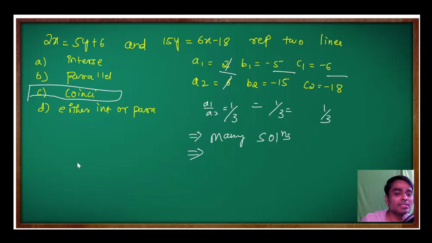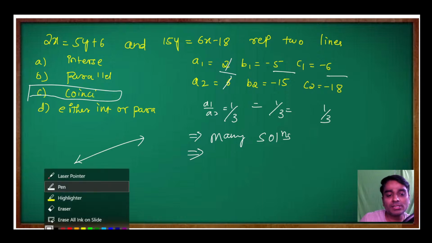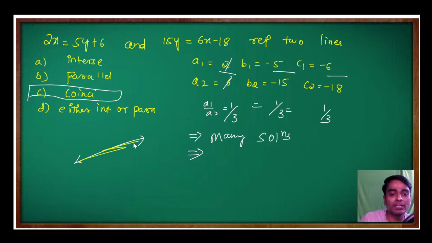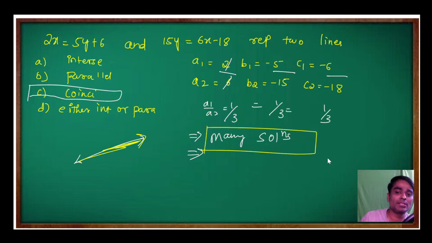Many solutions means the lines are coincident, one line sitting upon the other. The same question may be given with different options: unique, many, no solution. They may change the options, but the way of doing it is this only.